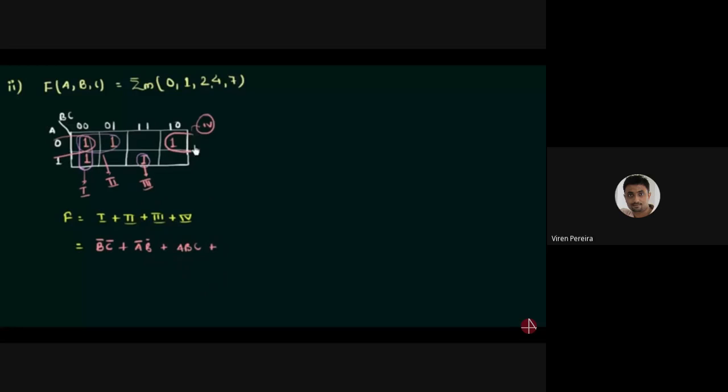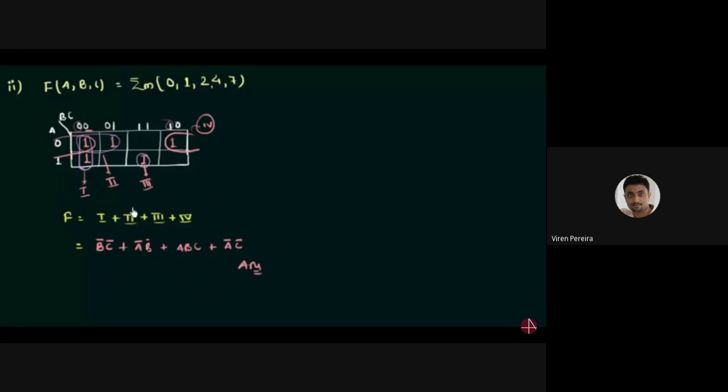For the fourth one, I can see A is not changing, it's 0, so A complement, but B is changing from 0 to 1, whereas C is not changing, 0 0, so I will neglect B and write C complement. So this is the answer of this particular K map.